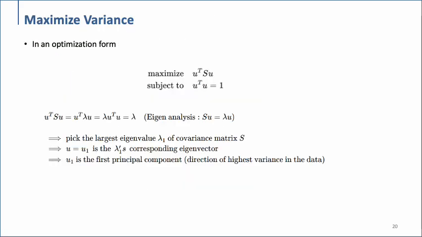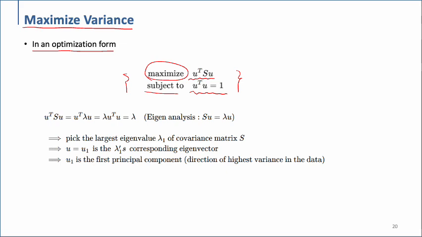And by keeping this in mind, let's rewrite this maximizing variance problem in an optimization form. So in previous slides, we have shown that our final goal is finding the axis that maximizes u transpose S u, where u is a unit vector, or if you rewrite the definition of a unit vector, the inner product of u and u is equal to 1. So this is our optimization condition.